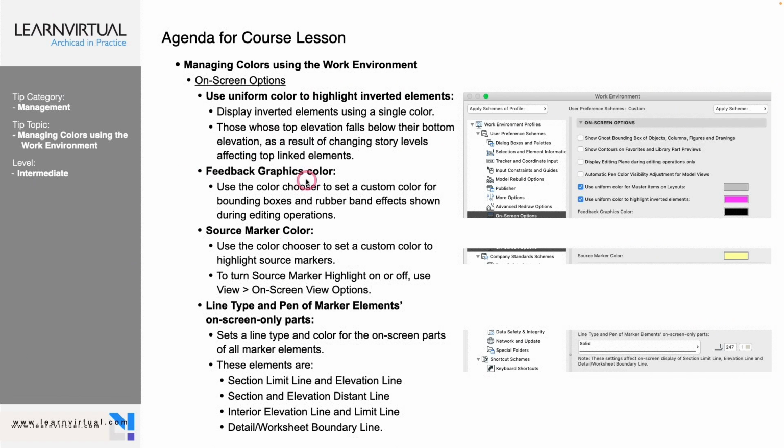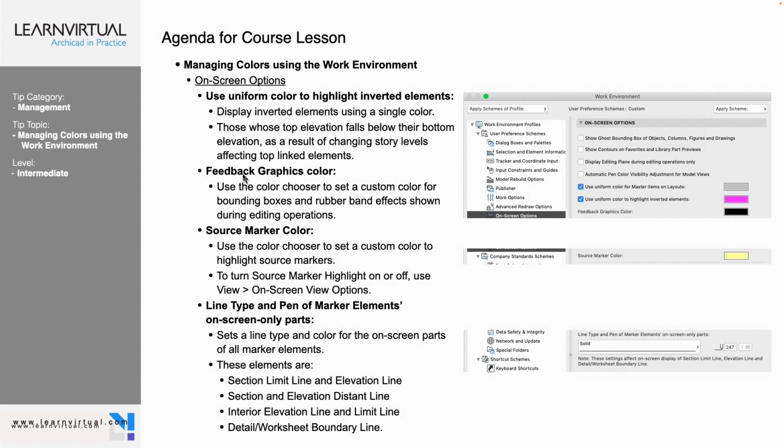A couple more on-screen options that we can choose: uniform colors to highlight our inverted elements, feedback graphic colors, source marker colors, line type and pens of our marker elements on screen only parts.